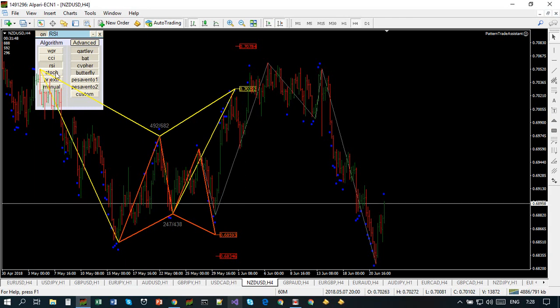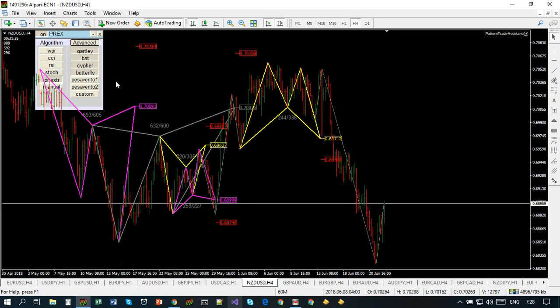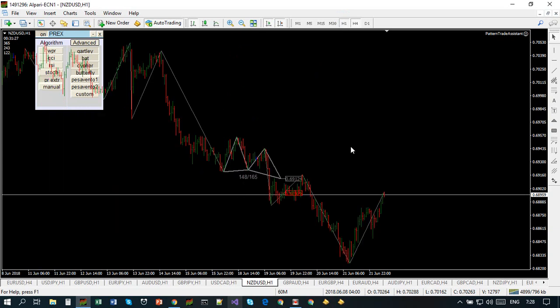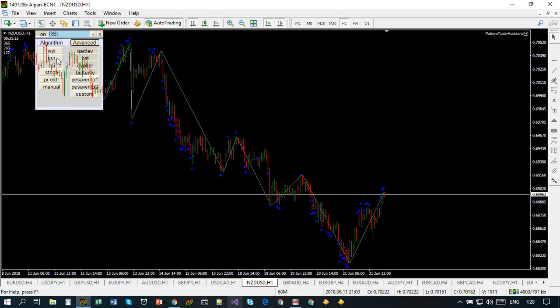This yellow one, it is a bat. Pretty good distinguishing the patterns using colors. This orange is a godly, yellow is a bat, gray is butterfly, and magenta is cipher, so you don't miss the patterns. Well, let me switch to 1 hour. Advanced approach says this, okay, I think we already did this.